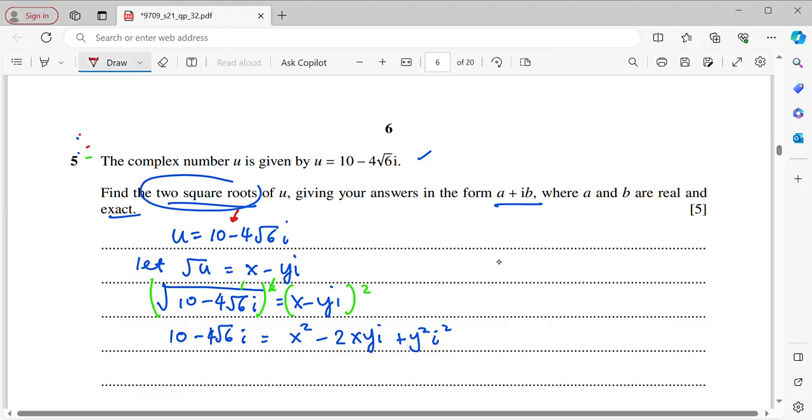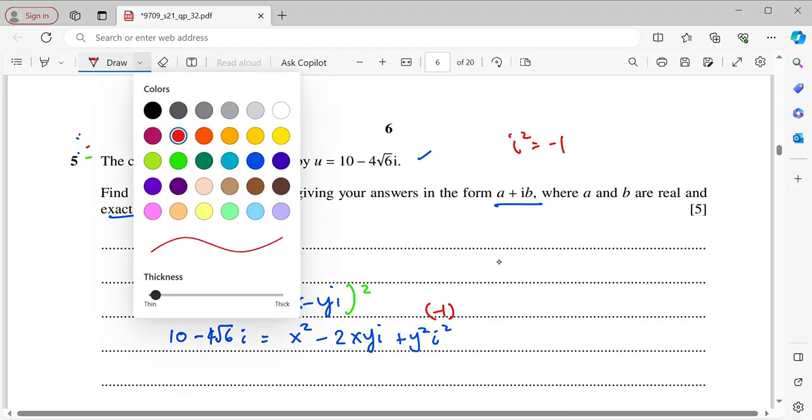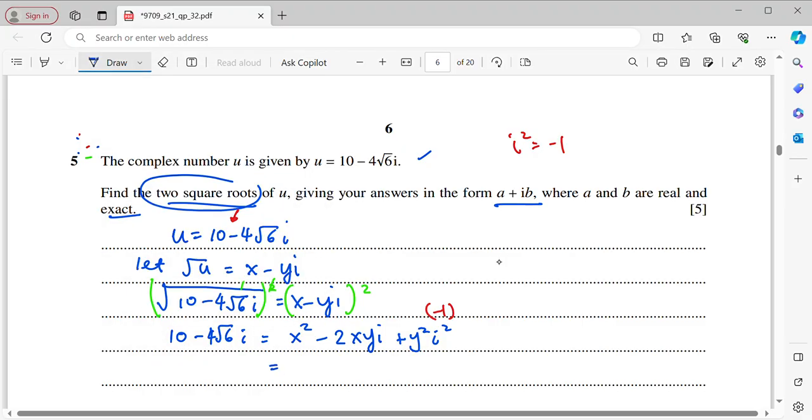For your information, i squared is minus 1. Then I will simplify the real and imaginary parts. That means I will be getting x squared minus y squared as my real part, and minus 2xy will be my imaginary part.